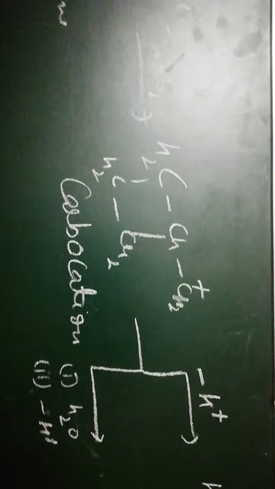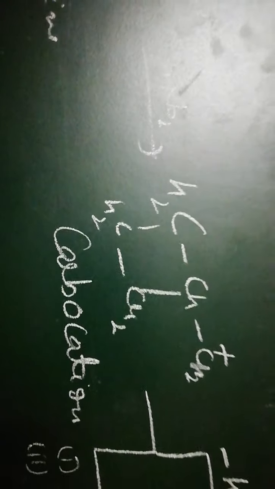So we will get different types of products, and ring expansion and ring contraction both can take place in Demjanov rearrangement. So we have taken this reactant, cyclobutyl methylamine. It reacts with HNO2, that is nitrous acid, and we will get this carbocation.